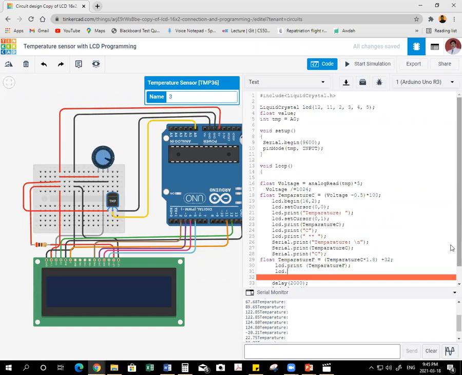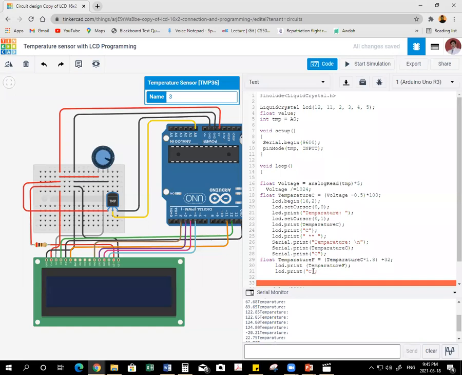LCD dot print in quotes. We are printing in the LCD, that's why it is coming here in quotes. Okay, now the same thing we will print in serial print. Serial dot print, because I want some space, that's why I put star star. I put this and I close this and this.